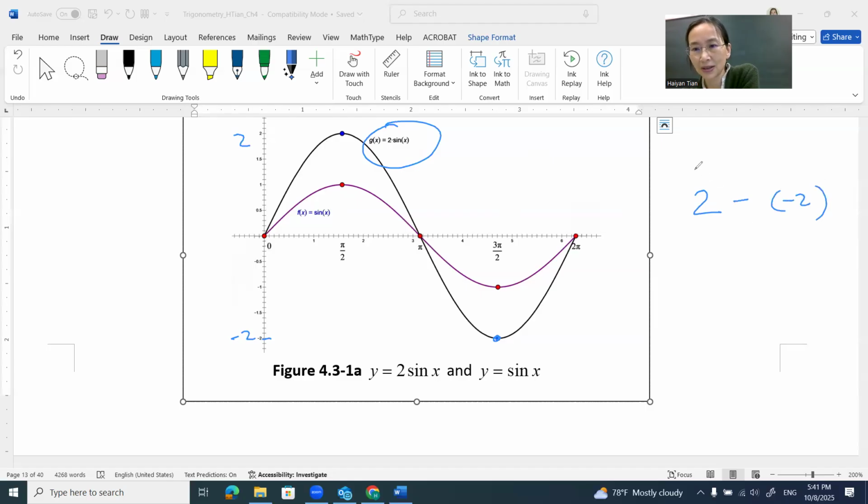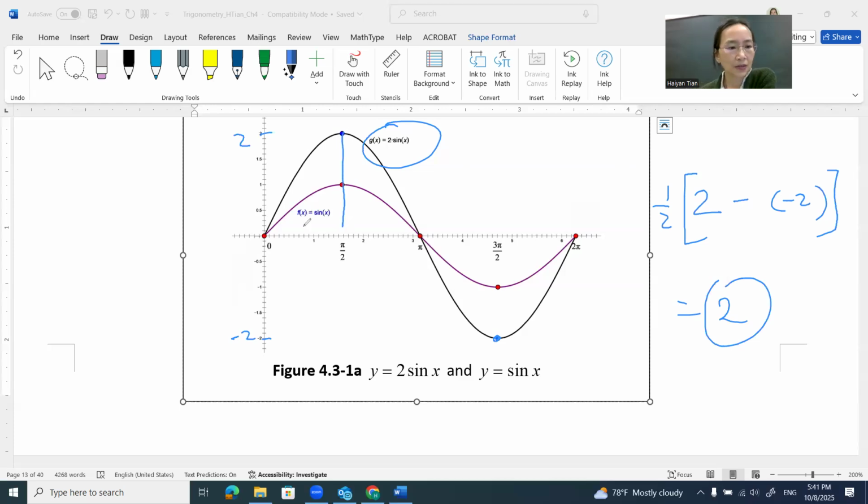That's the difference. The largest and the smallest are 4 units apart. And then half of the difference, half of 4, is 2. So the 2 is defined to be the amplitude of the function.